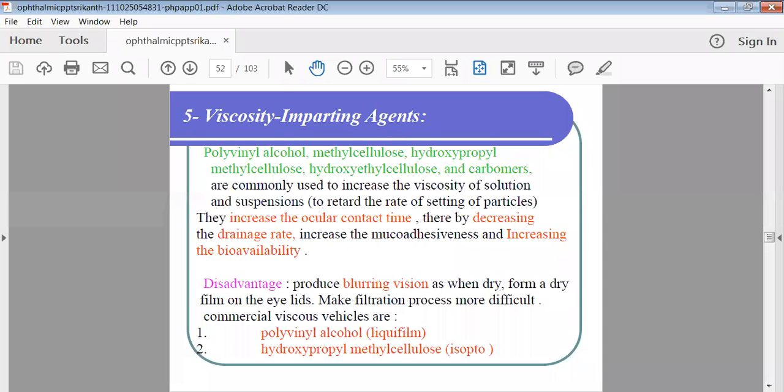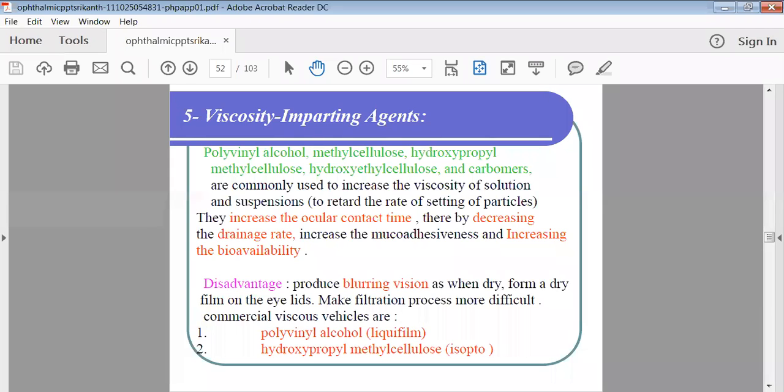Then when we add a viscous type of preparation into your eyes, it can decrease the drainage rate of your tears. So the lacrimal secretion will be decreased if you are using viscous solutions or eye drops. The next advantage is that because of the more contact time, the maximum dose remains inside your eye cavities, and we get the maximum bioavailability for that drug. So these are the advantages of viscous preparations.